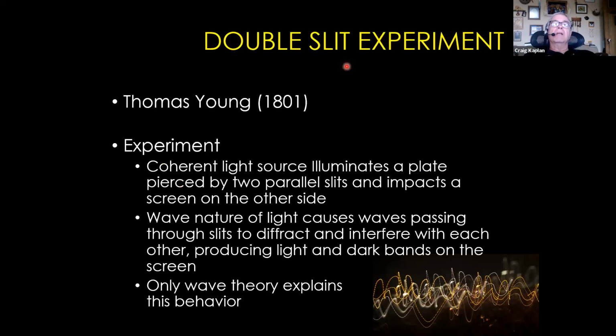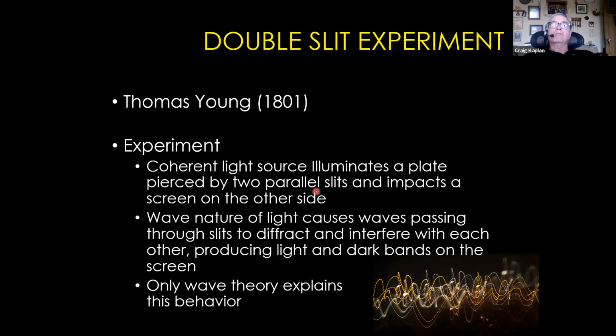So the double slit experiment uses interference and diffraction to show that light acts like a wave. Thomas Young did this experiment in 1801, and the experiment consists of using a coherent light source to illuminate a plate that has two parallel slits in it.